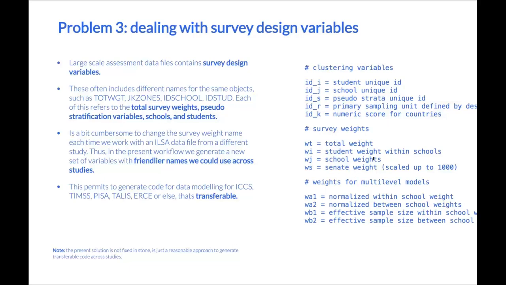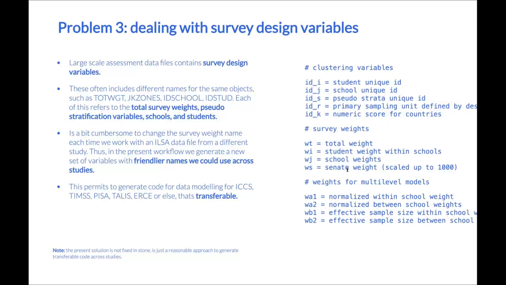This is not the case, for example, with PISA or with TALIS, in which you might need to retrieve the school weights from another data file. So bear in mind that the generation of the within and the between school weights heavily requires a thorough reading or revision of the technical documentation of the large scale assessment that you're working with.